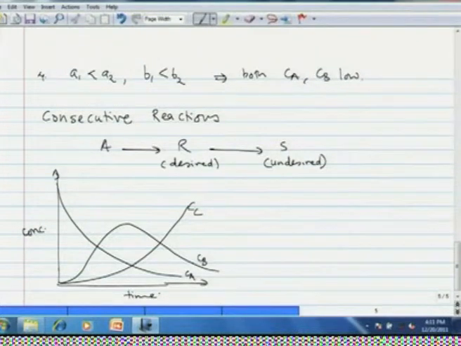as the reaction proceeds. Now, a chemist would like to give you maximum data in this range, the shaded range, where the yield of desired product is maximum.